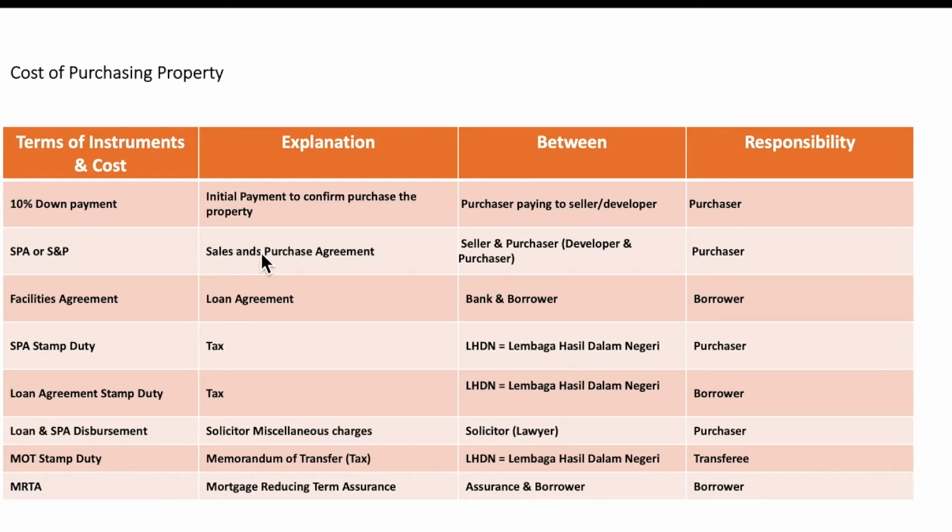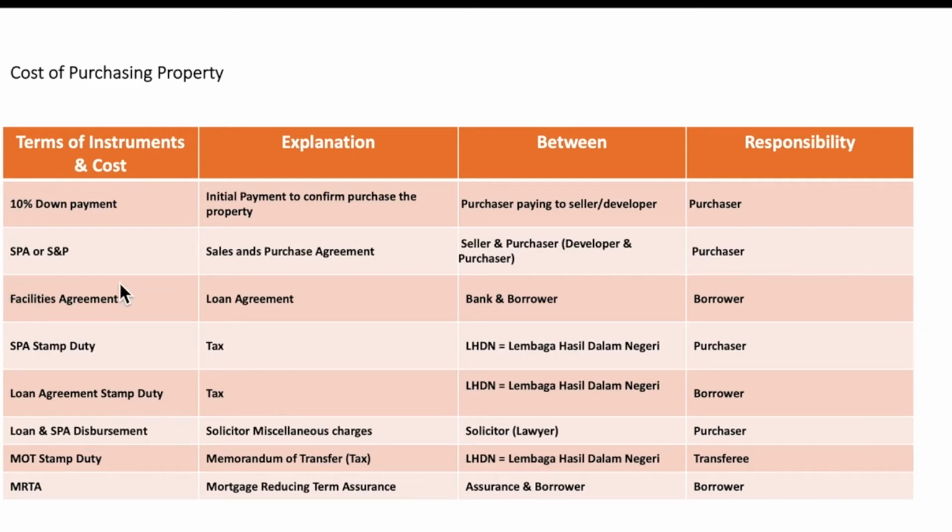This agreement is binding between the seller and the purchaser, so both of them have to sign. If you're buying a new property, the seller is the developer, so the agreement is signed by the developer and the purchaser, both parties. Who is responsible for this? Of course, the buyer has to appoint a lawyer to do this.